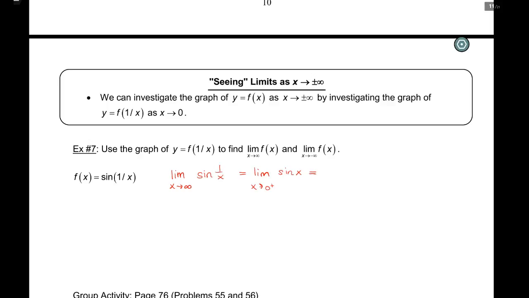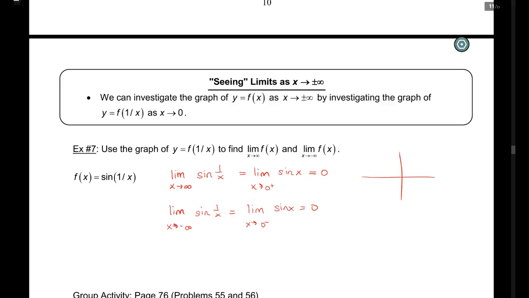So as x approaches 0 from the right of sine x, that's 0. And then we could do the same thing for negative infinity. Also zero, from the left side, which doesn't matter because we know the sine curve goes through 0 from the left or from the right.